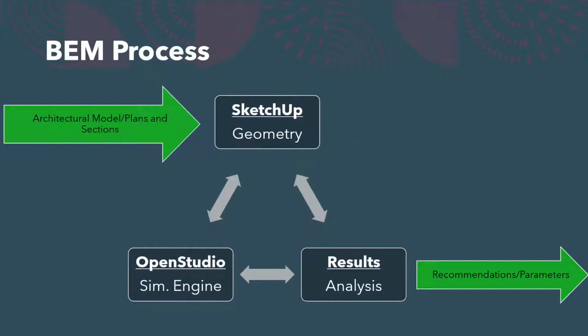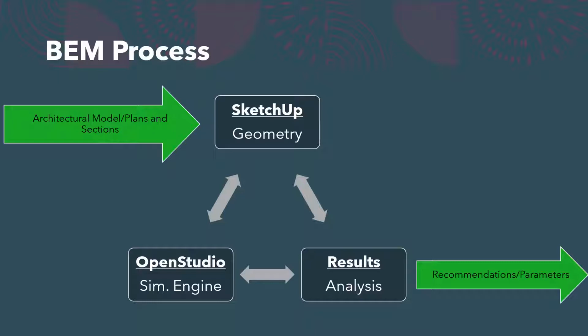And so the typical building energy modeling process is you have the architectural model, or you've been given plans, sections, elevations, what you need to make the 3D model. And you're putting it into a geometry software, i.e. SketchUp, to build the model. Then you're going to take it into a simulation engine, and in this instance, we're going to be talking about OpenStudio.